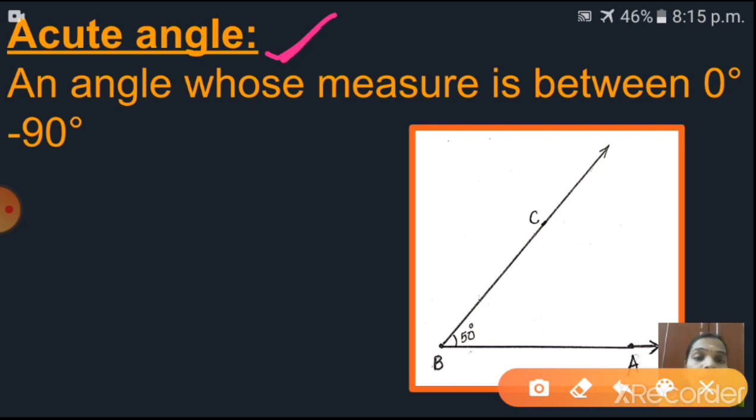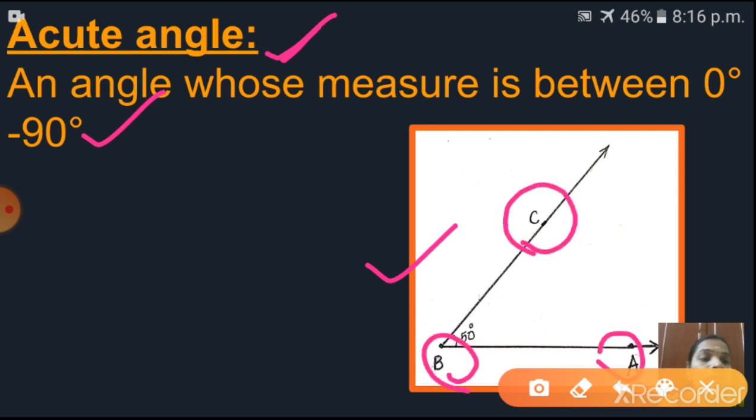Below the heading, you have to write the definition of the angle. Okay children, an angle whose measure is between 0 degree to 90 degree. After the definition, you have to make the angle like this. When you are making this figure, 2 things you have to mind. You have to give a name to this angle; I have given CBA, angle CBA.